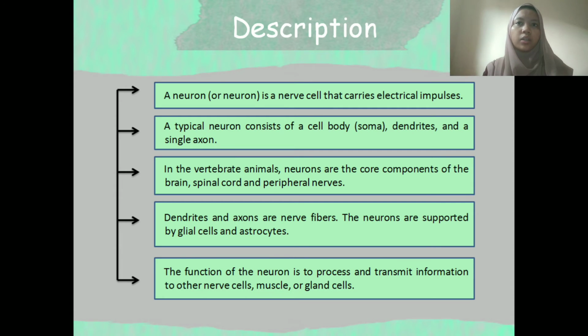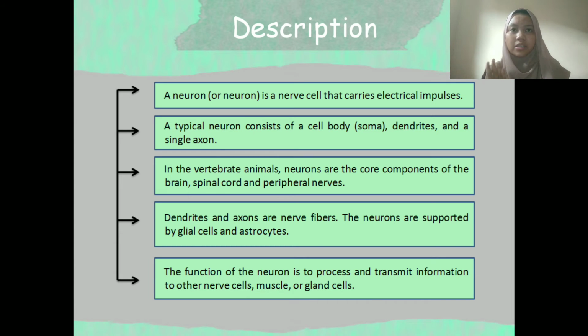Description. A neuron is nerve cell that carries electrical impulse. A typical neuron consists of a cell body or soma, dendrites, and a single axon.